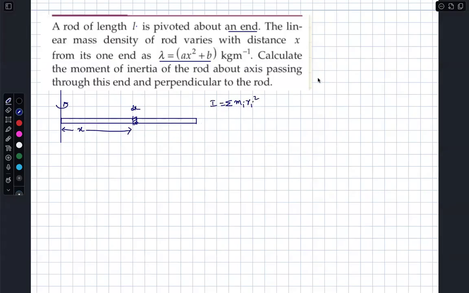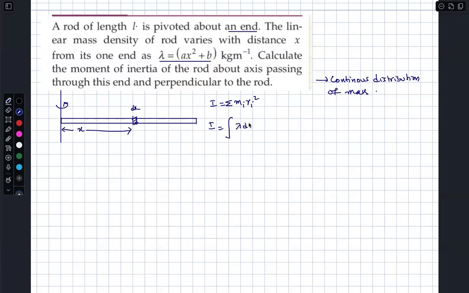This is a continuous distribution of mass. For a continuous distribution of mass, in the place of sigma, you will write the integral symbol like this.